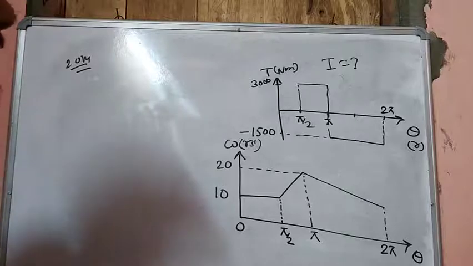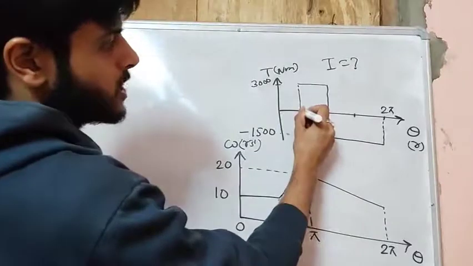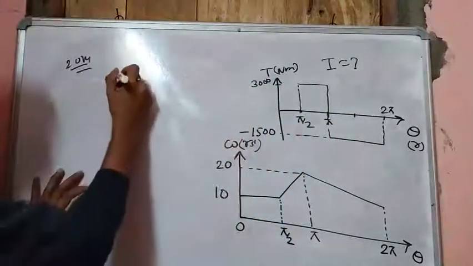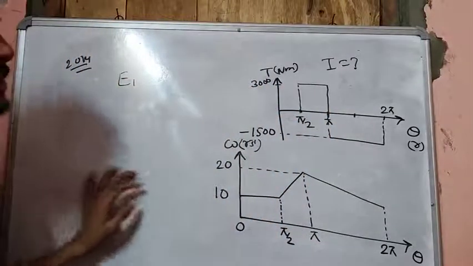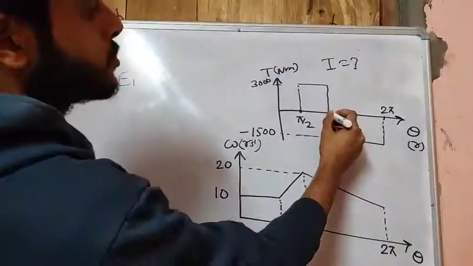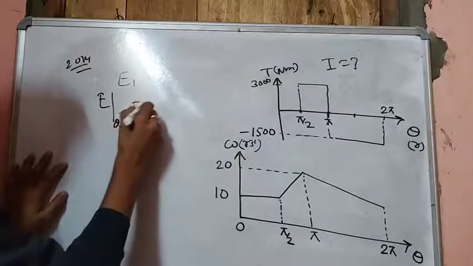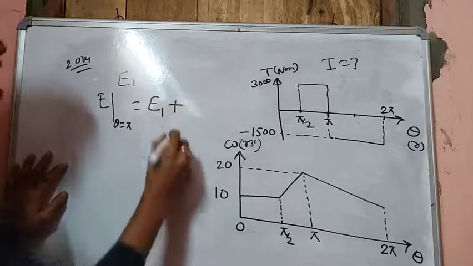So what is the maximum fluctuation of energy? Let's say before this power stroke takes place, the energy of the system is E1. After the completion of the power stroke, what is the energy of the system? E at theta equals pi is E1 plus this quantity.